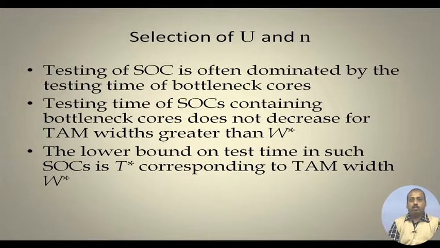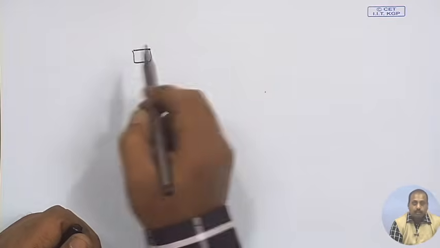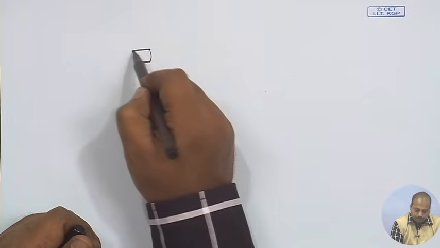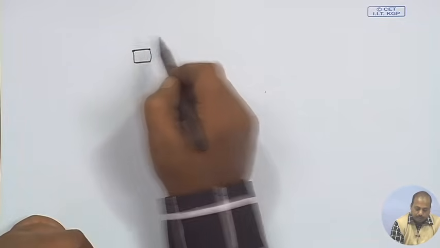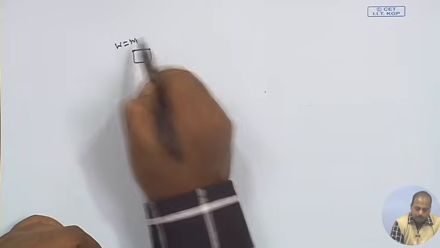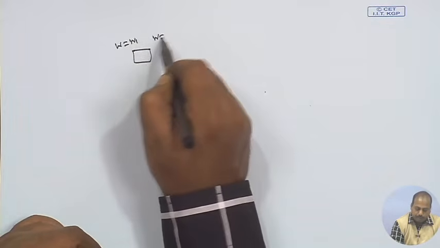So, bottleneck cores: what is the situation? If I have a core, and it is given more TAM width, say sometimes with w equal to w1 and sometimes with w equal to w2.